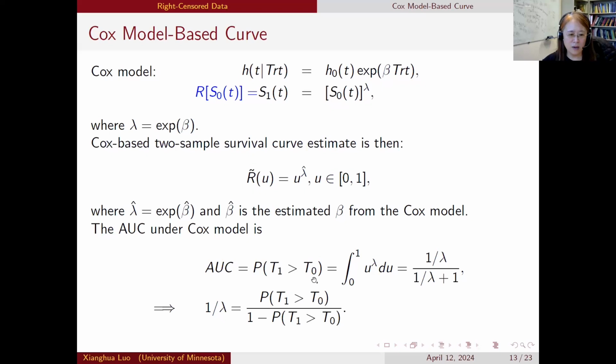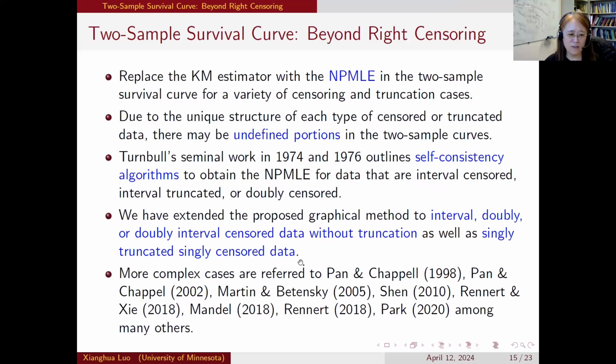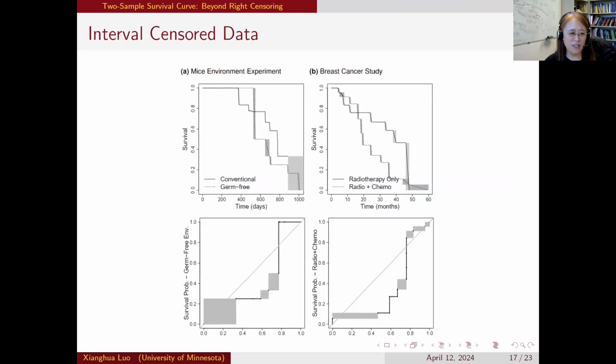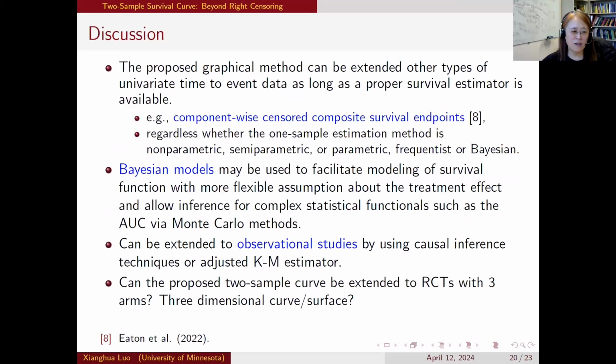It's just a functional of the survival functions of two treatment arms. Or maybe there are other difficult functionals, but Bayesian models have the advantage of drawing statistical inference for such situations.